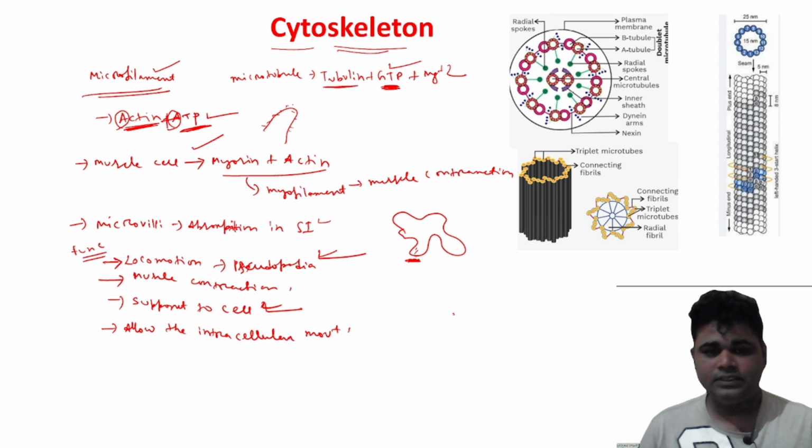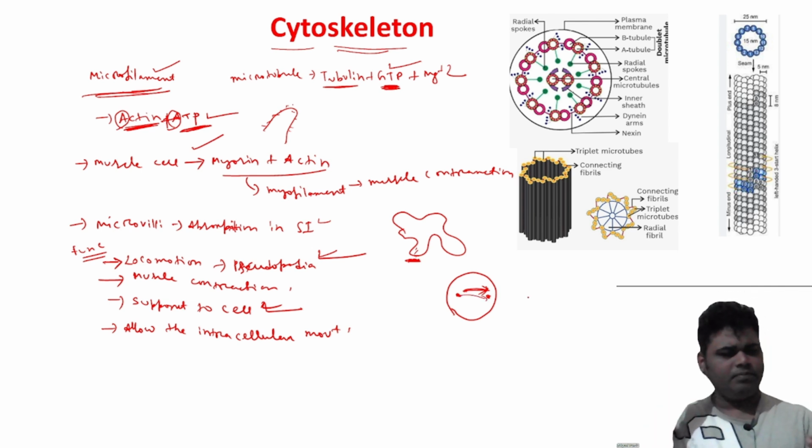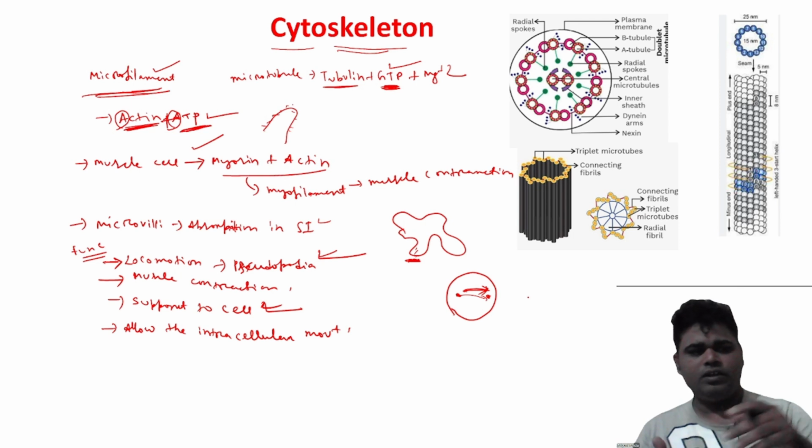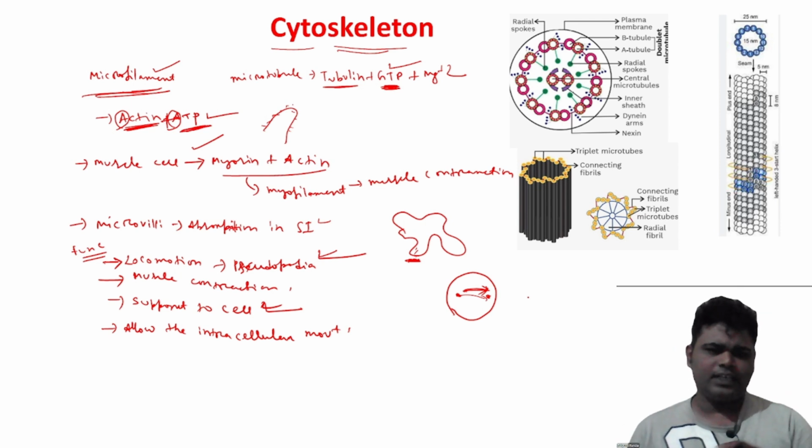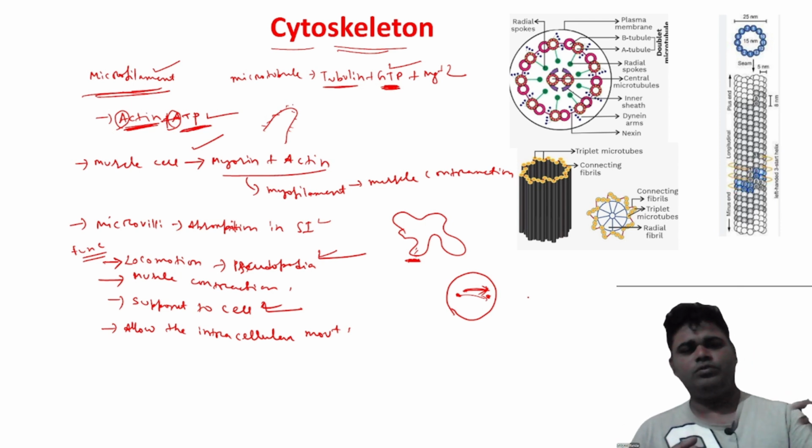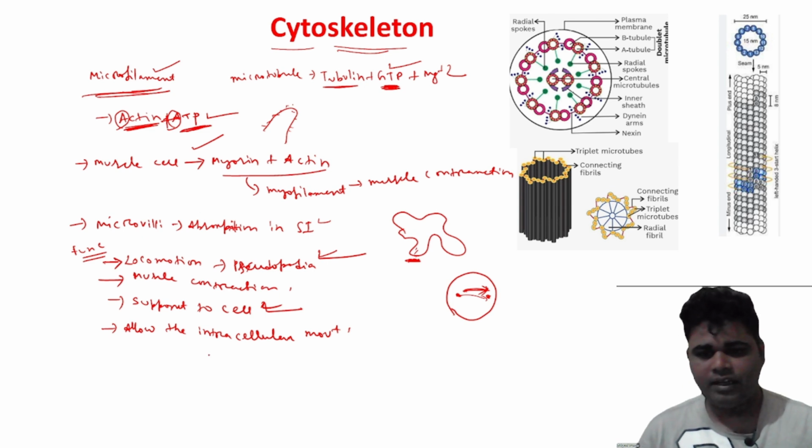Intracellular movement means, suppose inside a cell, suppose this protein wants to go here. It can occur only by the microfilament. That means microfilament helps in the movement of anything inside the cell. It can move the protein, the carbohydrate, the lipid.